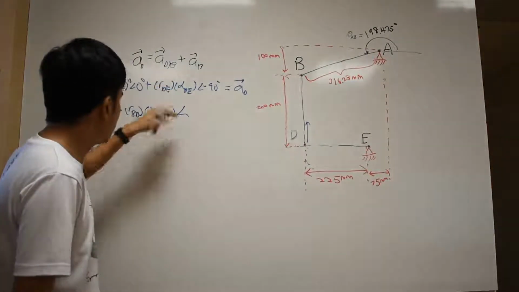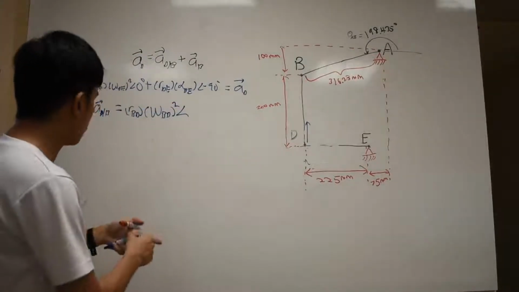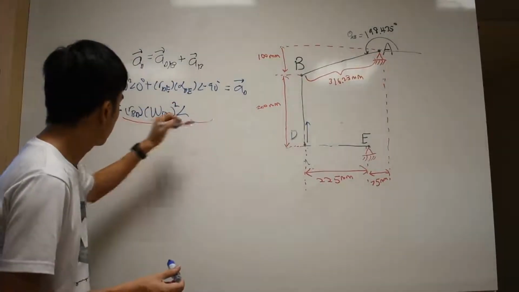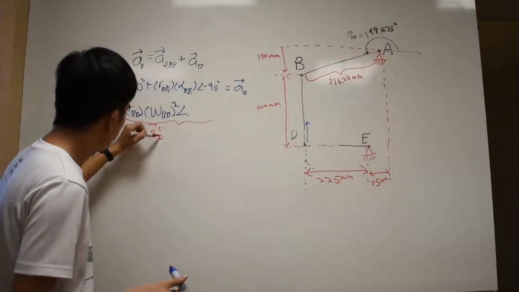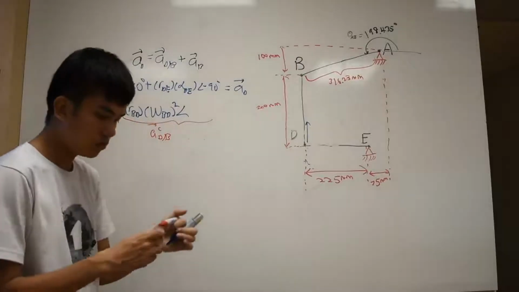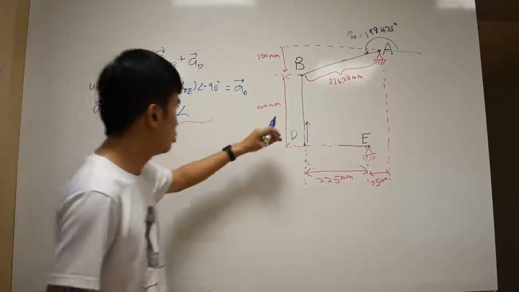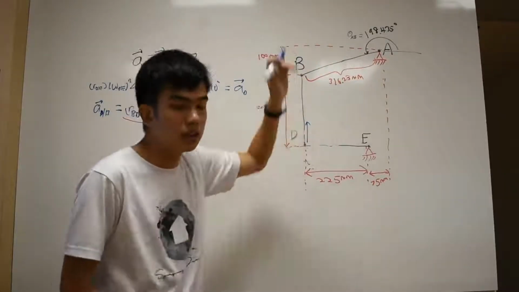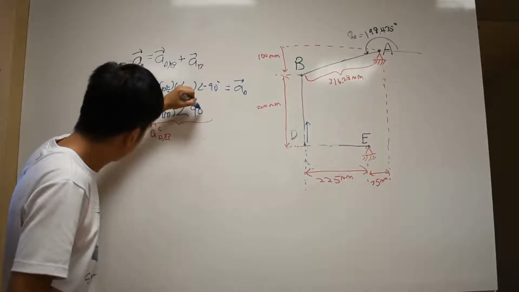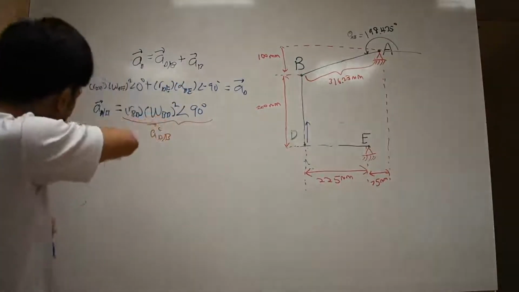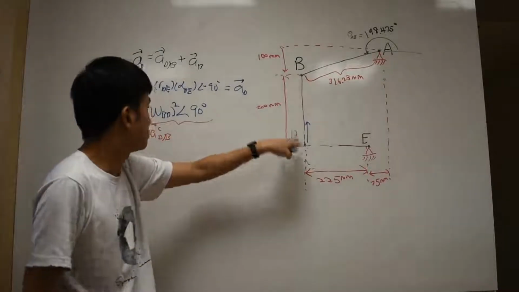This is the centripetal acceleration of D with respect to B. Good enough? Because the centripetal acceleration always points towards the center, the direction is 90 degrees. So this is the centripetal acceleration of D with respect to B.